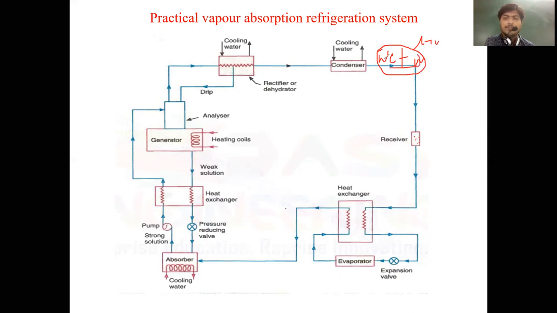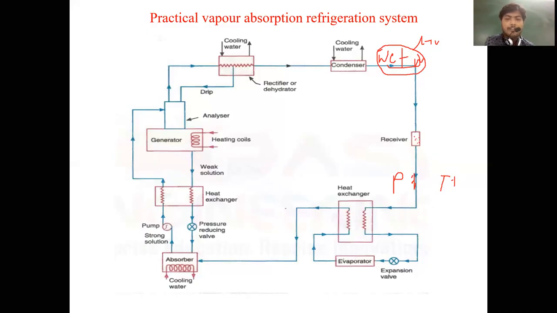Then it goes into the heat exchanger, because after the condenser the pressure and temperature are high, and in the heat exchanger it exchanges its heat with the refrigerant from the evaporator.